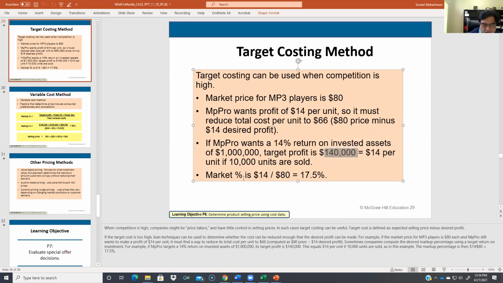So the markup percentage is basically 14 over 80, which is 17.5%. Is that what we are talking about or something else? Yeah, that was what I was talking about. Okay, so we know that the profit is 14 and it represents 17.5% of 80. So your profit markup is 17.5%.